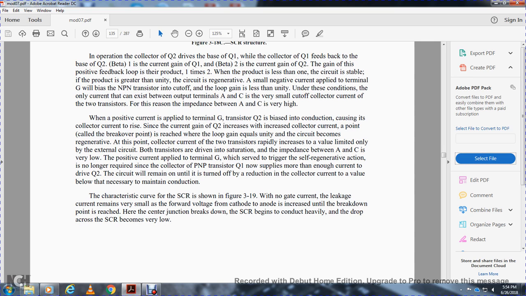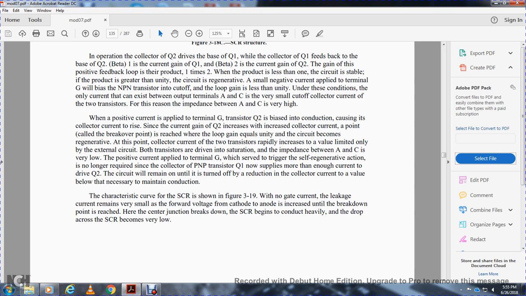The collector currents of the two transistors rapidly increase, limited only by the external circuit, and both transistors are driven into saturation with a low impedance between A and C. The positive current applied to G serves only as a trigger for the regeneration and is no longer required, since the collector of transistor 1 now supplies more than enough current to drive transistor 2. The circuit will remain on until it is turned off by reducing the collector current to a value below that necessary to maintain conduction.